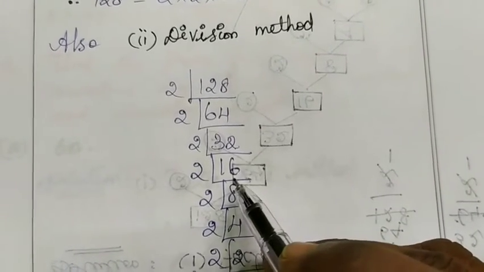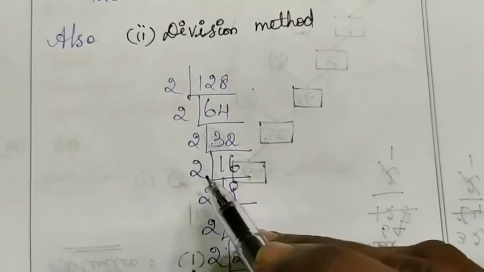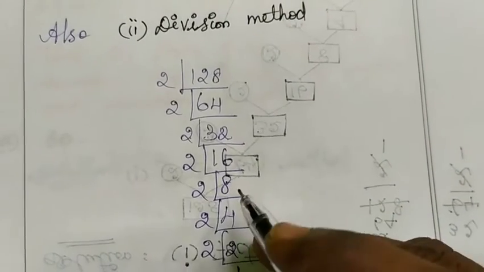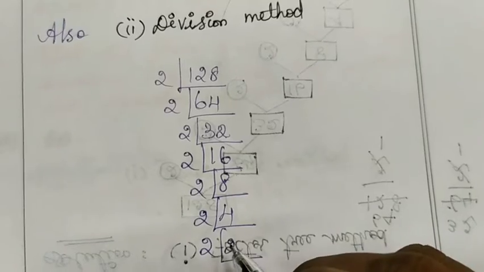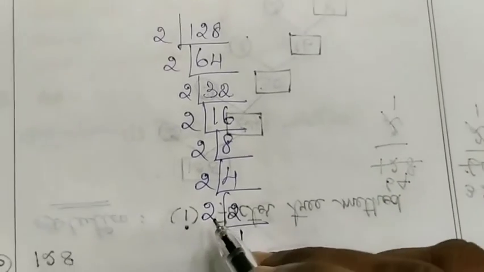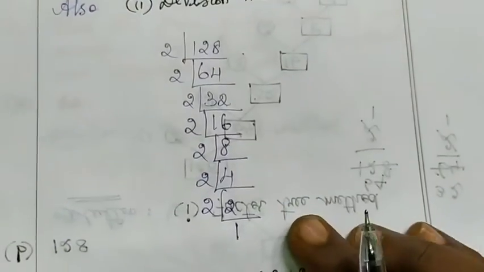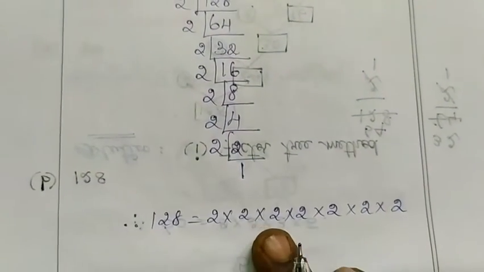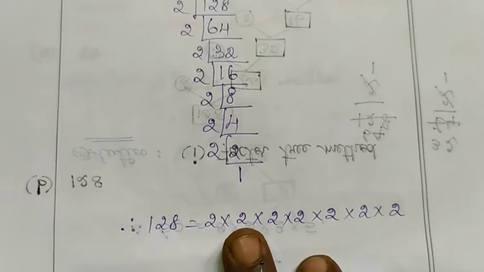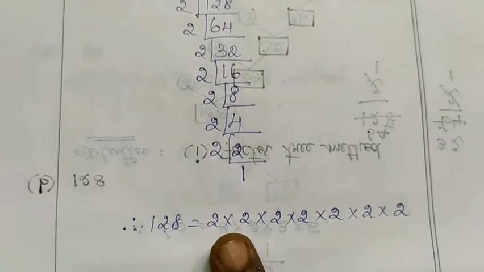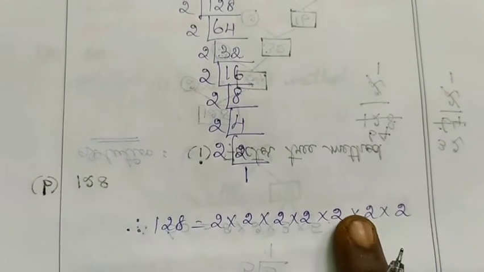Next 8 twos are 16. Next 4 twos are 8. Next 2 twos are 4. So finally we take the table 2; 1 two is 2. So finally we get the factors. How many times is 2 coming? 7 times. The 2 comes 7 times: 1 2 3 4 5 6 7.